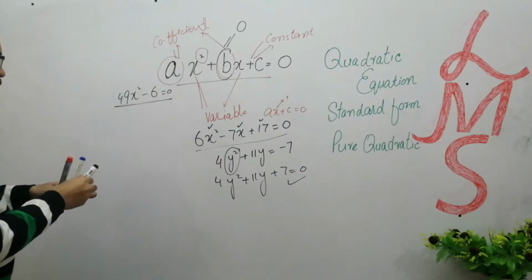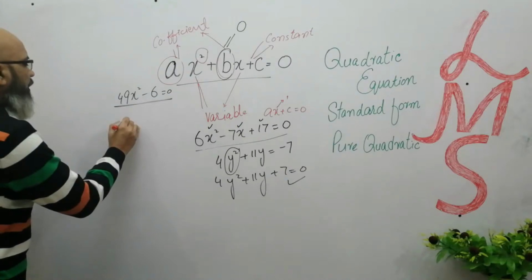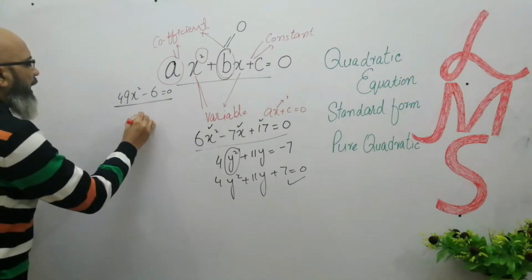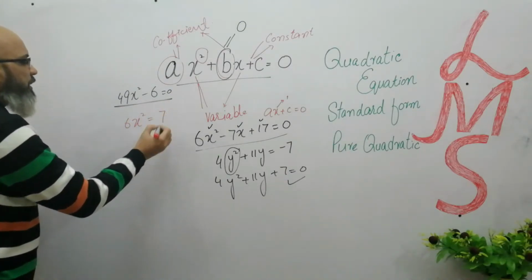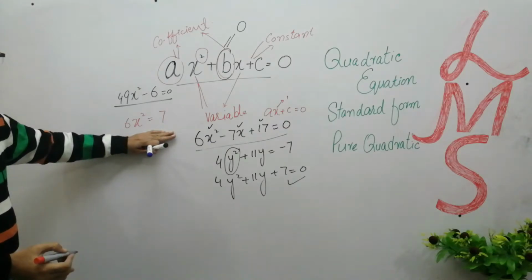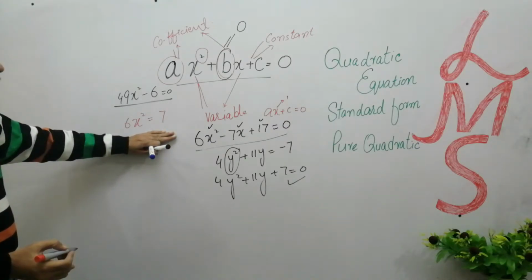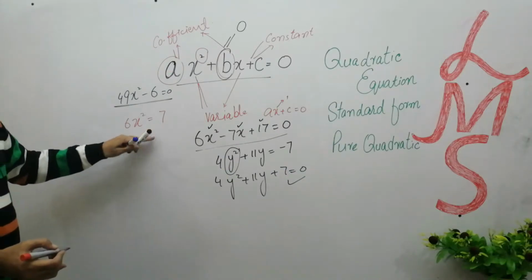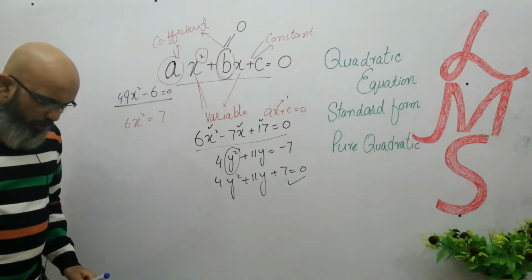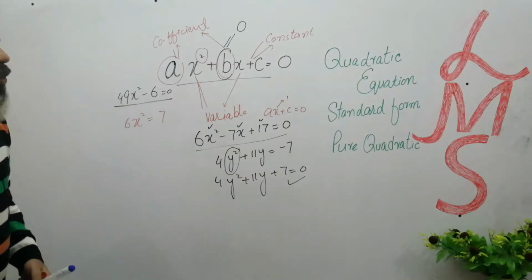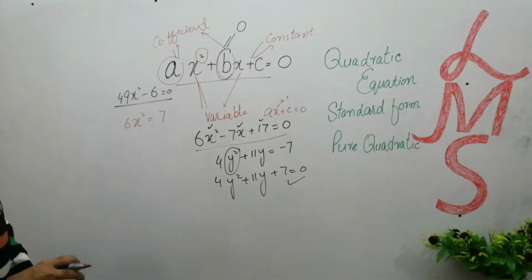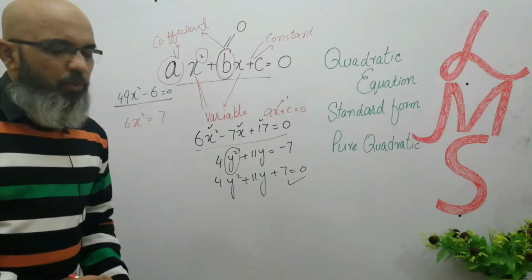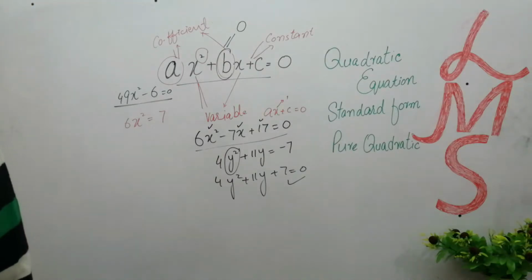Write another example. If we have 6x square is equal to 7, that is also a pure quadratic form of quadratic equation because we have no variable of x. So I hope you understand what is quadratic equation, what is standard form, and what is pure quadratic form of quadratic equation. So let's start our question number 1 of exercise 1.1.